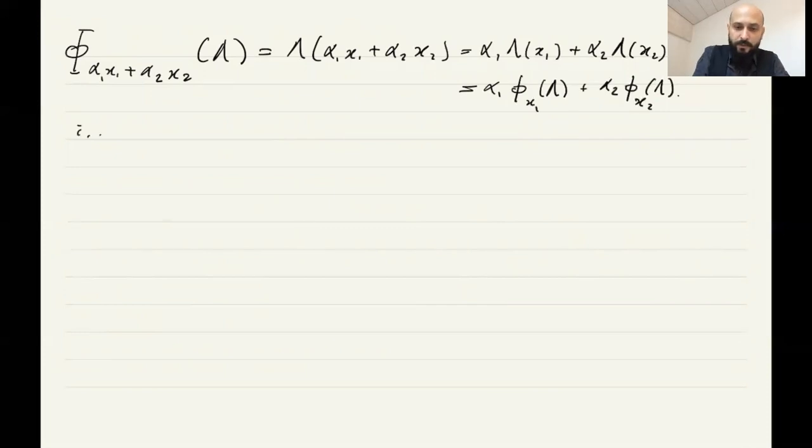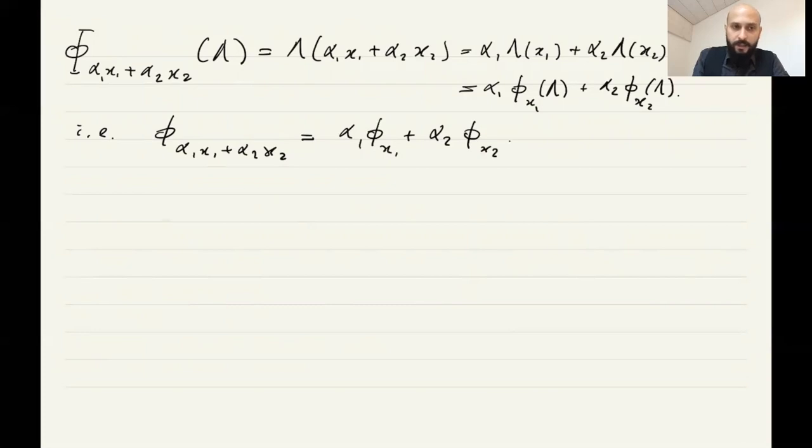So in other words, what we proved is that the image of alpha 1 x1 plus alpha 2 x2 is the map alpha 1 Phi of x1 plus alpha 2 Phi of x2. So it is linear.